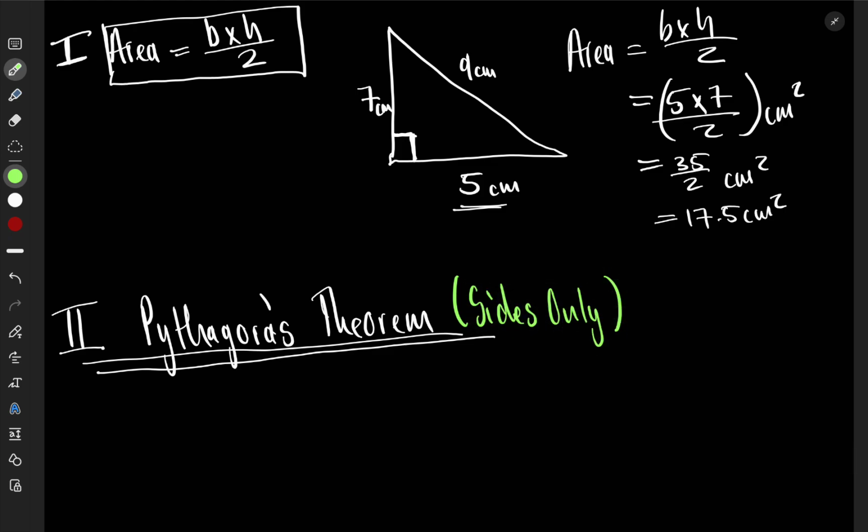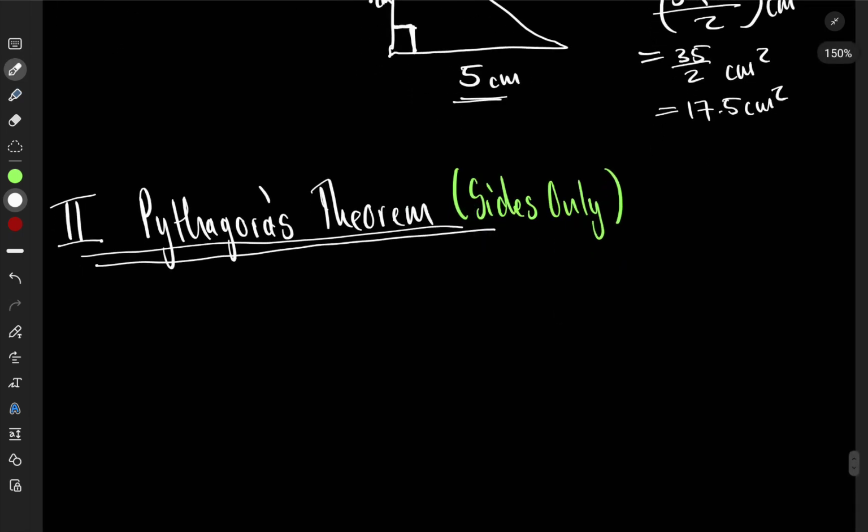Remember, it is going to be a right angled triangle, and you would get 2 sides and be asked to find the third one. For a right angled triangle, then you're going to have to use Pythagoras.